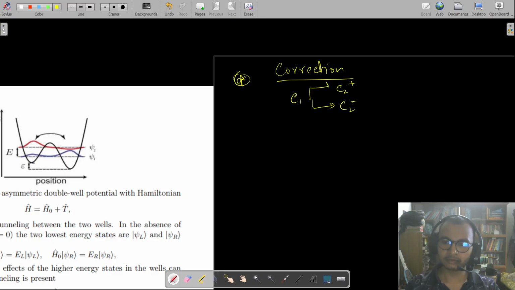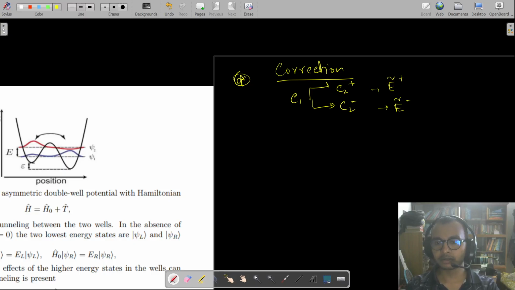Hence, we'd have two different energies. Now, this information is incorrect, because we'll have two different values of C2s. That's fine, and because of that, we'd have two different values of the energies.